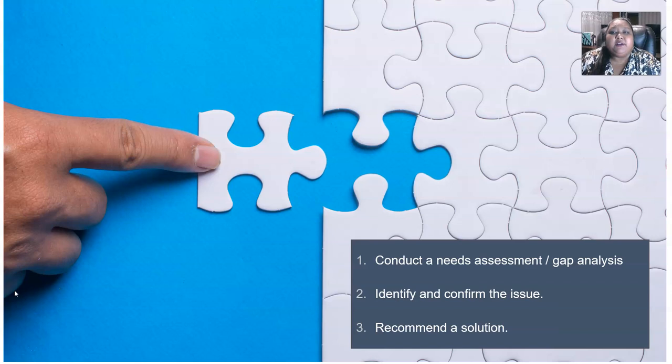The authors encourage fostering HPT over instructional methodologies, promoting cross-functional teams for added value to the organization's goals and performance, and fostering collaboration. To identify the right intervention for the best outcomes, the issue should be pinpointed through needs assessment and gap analysis to first identify and confirm the issue, followed by a solution recommendation.